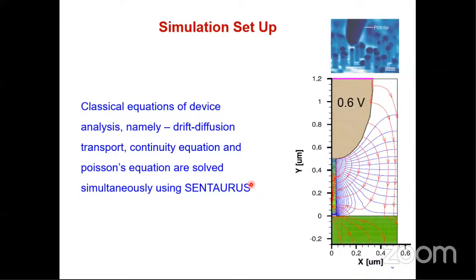Now, can someone tell me what is Poisson's equation? I'll give you a minute just to think about it and tell me what is Poisson's equation. Because we are going more and more deeper into theory, so we should know these things. It is a distribution of charge for the applied field.